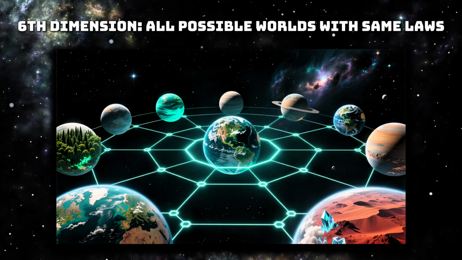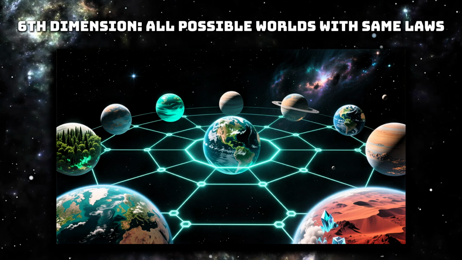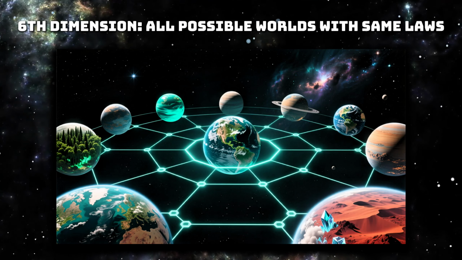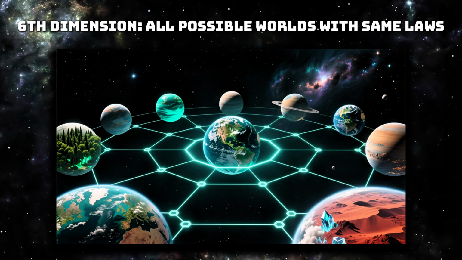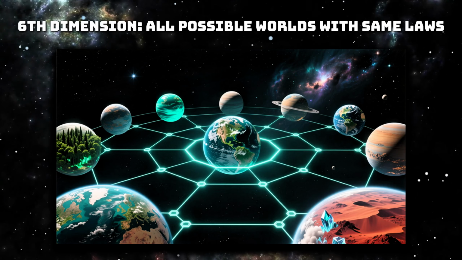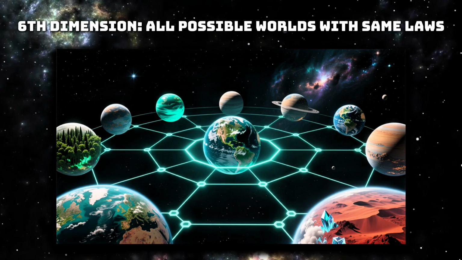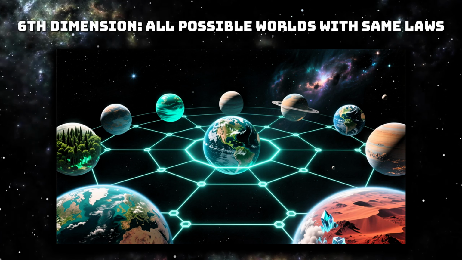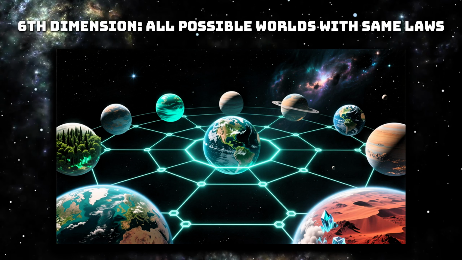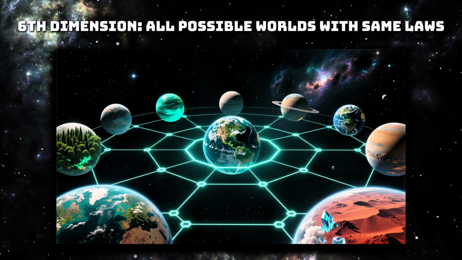All of these variations happen without altering the laws of physics. Instead, they come from how early cosmic fluctuations, tiny quantum ripples in the newborn universe, expanded and grew into galaxies, clusters, and superclusters. The sixth dimension contains universes where these ripples began differently, creating unique cosmic landscapes.